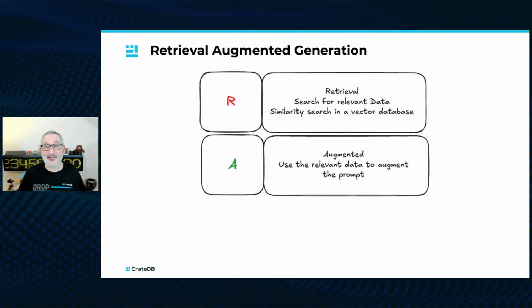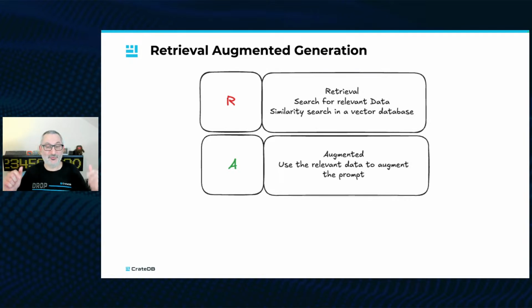The A in RAG, augmentation, is we're going to then use that data to augment a prompt that we are going to send to an AI model. So rather than just asking a ChatGPT type thing, what do you know about organizing data in CrateDB from its training data, we're going to use private data from these PDFs to enhance that by supplying that as part of the prompt.